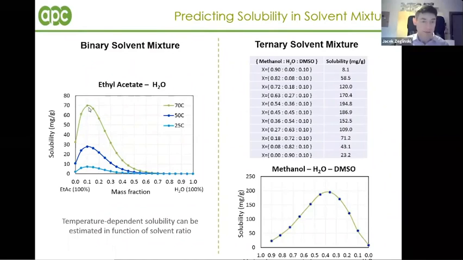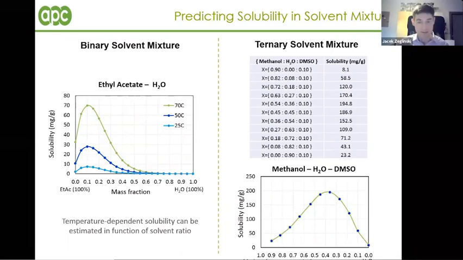And we are usually looking for this phenomenon if we want to find a solvent mixture where the solubility of the API will be higher. And we can also do ternary or quaternary or higher complexity mixtures as well.